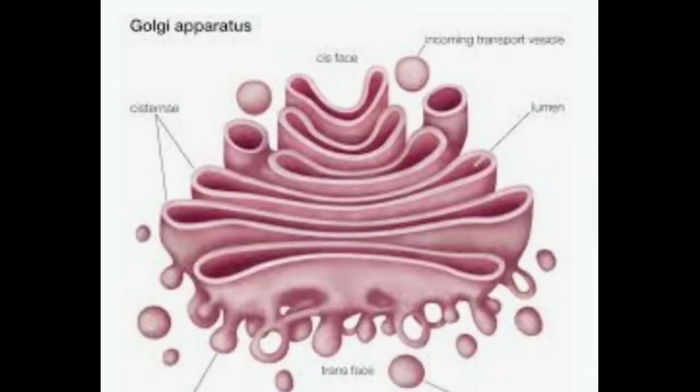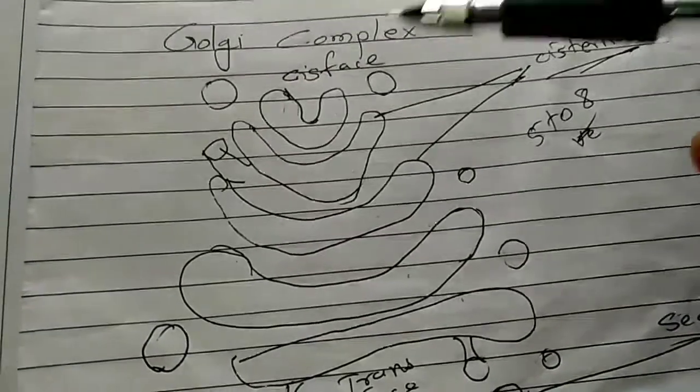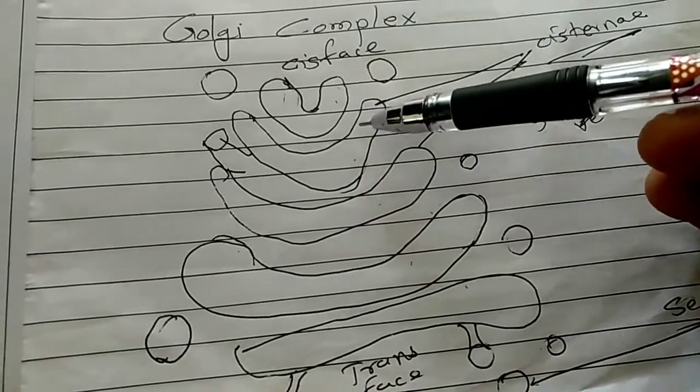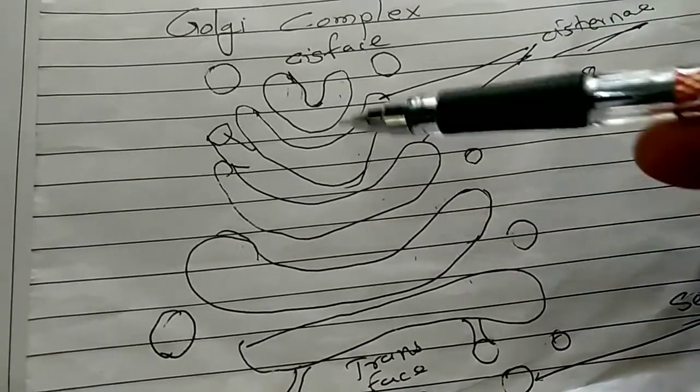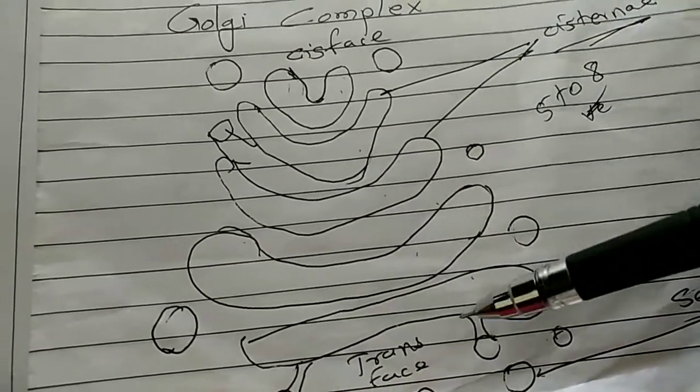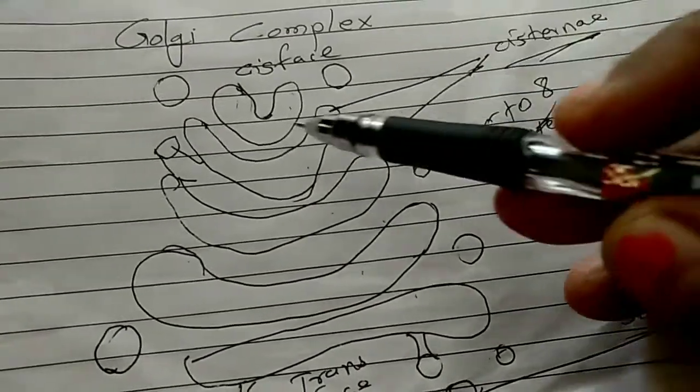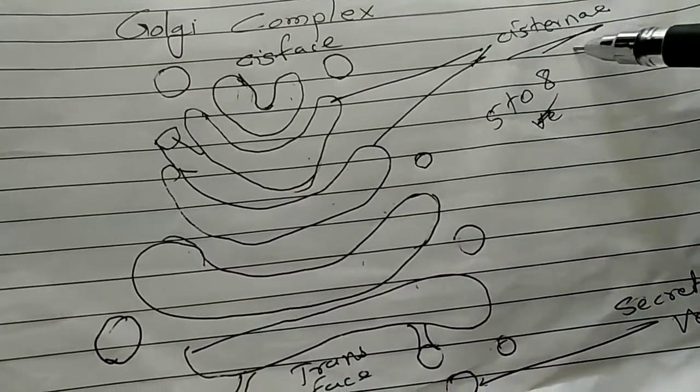This Golgi complex performs various functions and we'll understand one by one with a diagram. Let's start. Now see, these are flat sacs which are placed parallel to each other. These sacs are called cisternae.